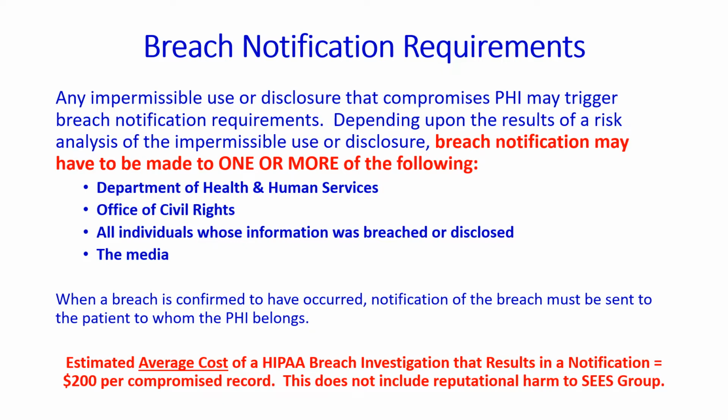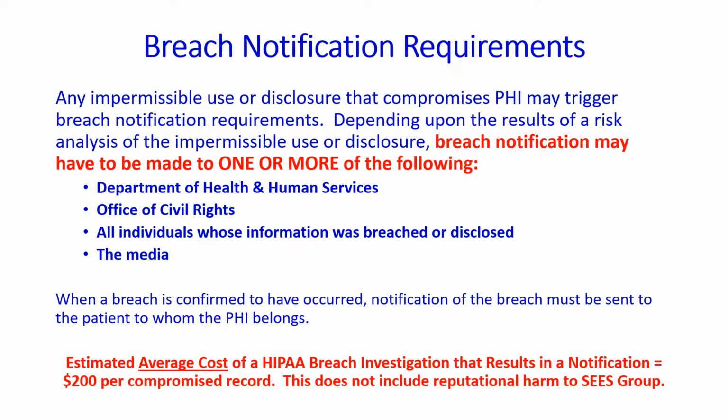In addition to notifying the patient, the compliance officer must also notify the Department of Health and Human Services and the Office of Civil Rights of any breaches that occurred in a given calendar year. For example, all breaches that occurred during the calendar year 2018 must be reported to the DHHS and OCR by March 31st of the following year.